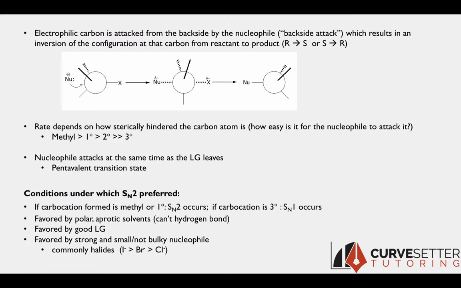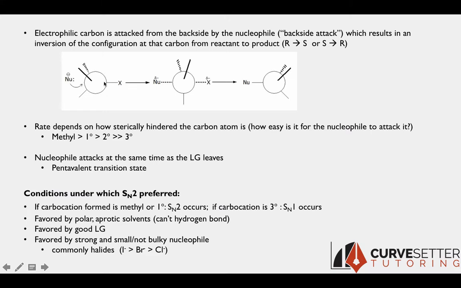The rate of this reaction depends on how sterically hindered that carbon atom is. So how easy is it for the nucleophile to come in and attack it? A methyl carbon, so a carbon that's just bound to 3 hydrogens and a leaving group, though methyl isn't really the most accurate term here, is going to be the most rapid reaction for SN2.